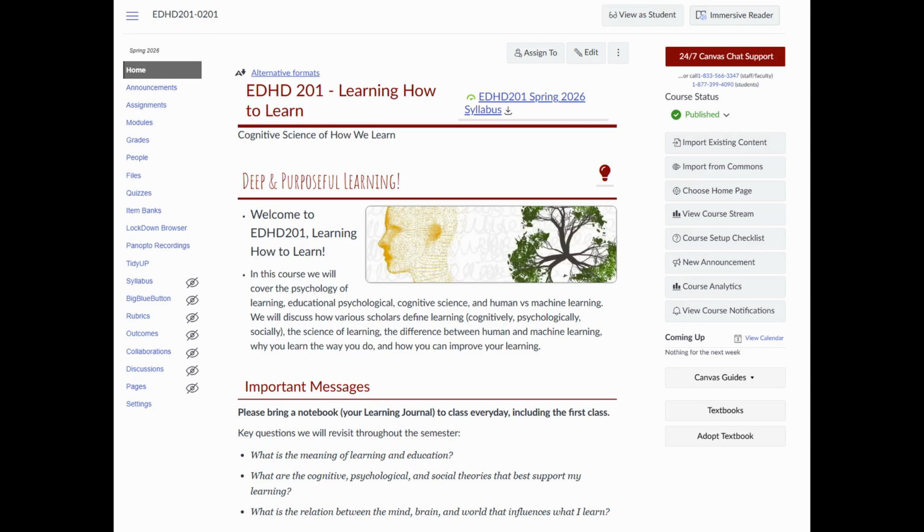That includes you all having your learning journals present. We want hard copied paperback books, like notebooks. We will not be allowing typed notes. This is a non-technology classroom. Just a reminder for when we do meet in person, make sure you have a notebook to record your notes and all of the additional information for your learning journal.